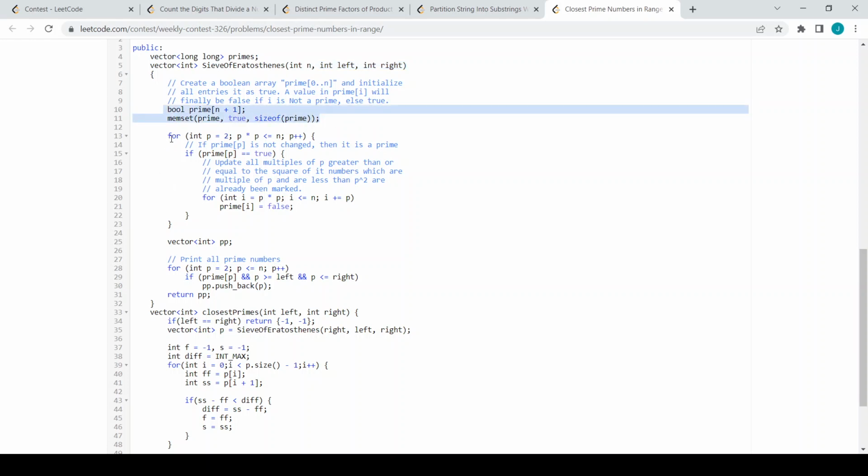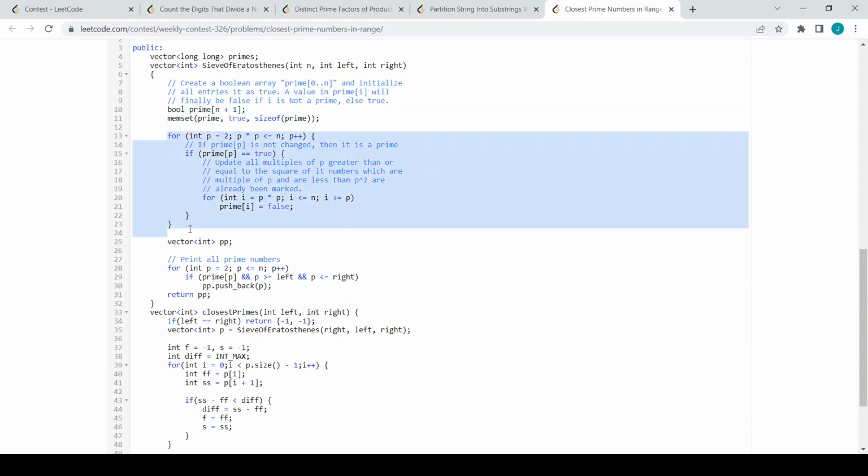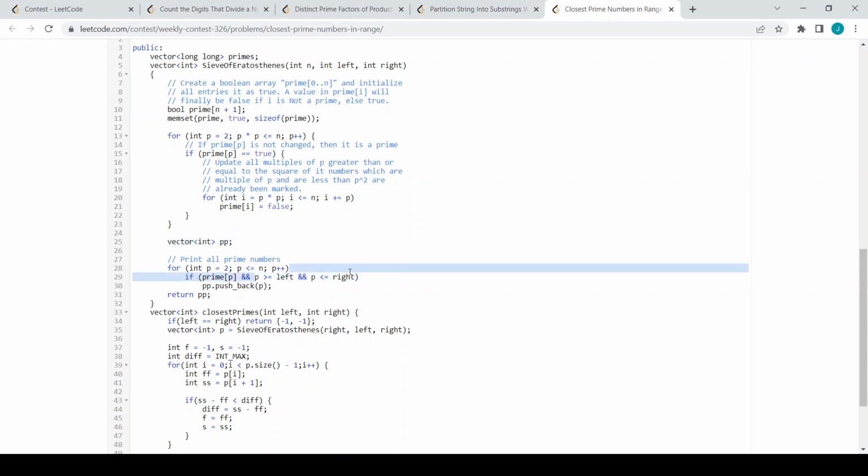This is a standard function to know which numbers are prime or not. This function calculates the primes, and I'm also declaring a vector pp where, if that number is a prime and lies in the range between left and right, I insert it into my pp vector, and I'm returning that pp.